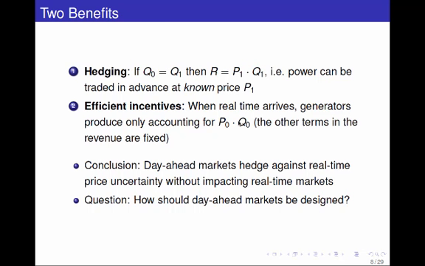If they work for real time, why wouldn't they work for day-ahead? That's the idea. Well, there is one big difference between real-time market design and day-ahead market design. In real-time markets, whatever was supposed to be committed is committed. Whatever was decided to be off is off. And the only thing you decide is production levels.